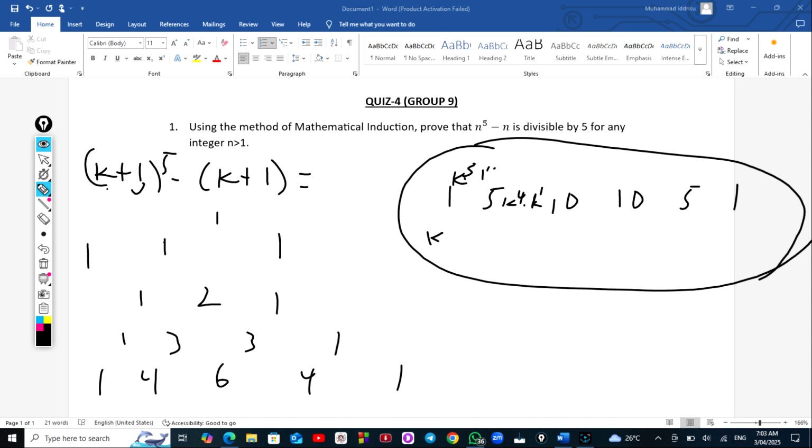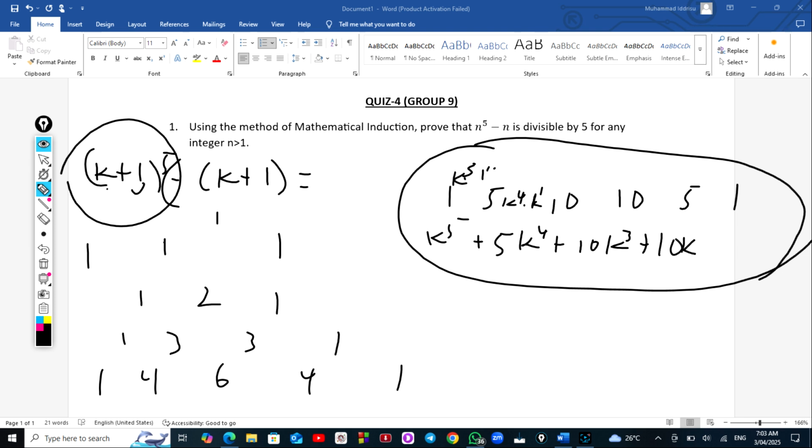So we just have k to the power 5 plus 5k to the power 4 plus, just expanding this without the negative, plus 10k to the power 3 plus 10k to the power 2 plus 5k to the power 1, so it's not necessary, plus 1. Okay, so we've just expanded this.